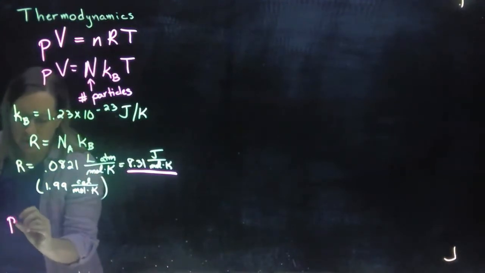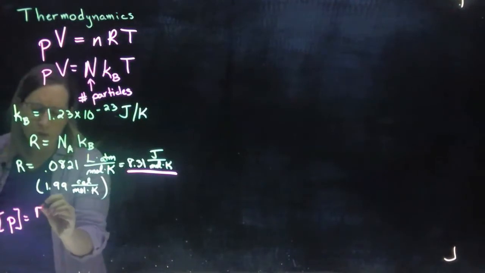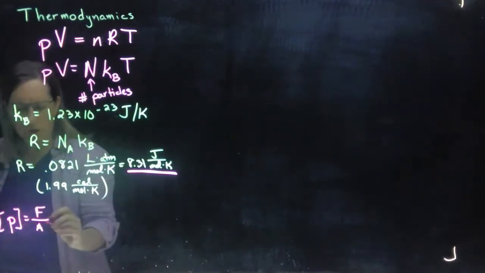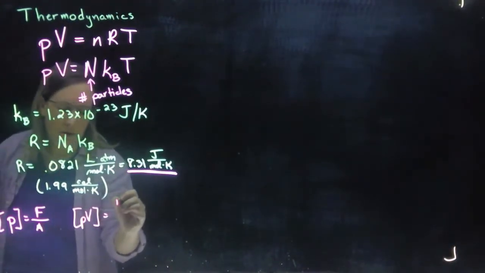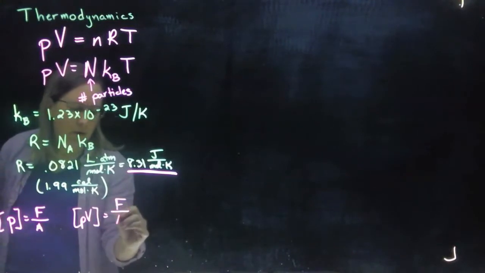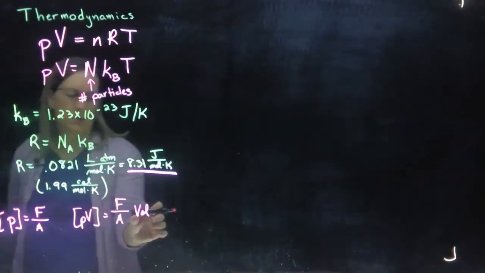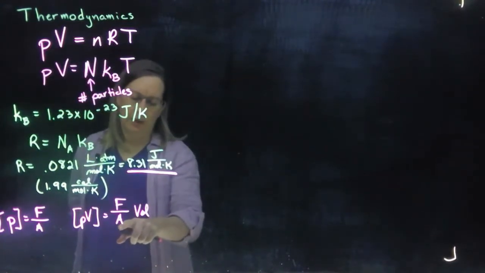Remember, pressure is force over area, and then volume, so pressure times volume would just be force over area times a volume. Well, a volume, if it's a cube, would be a length cubed, and area would be a length squared.